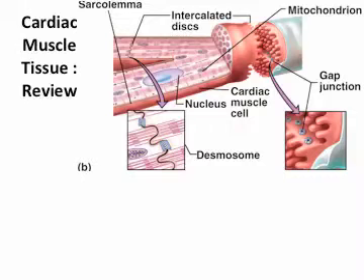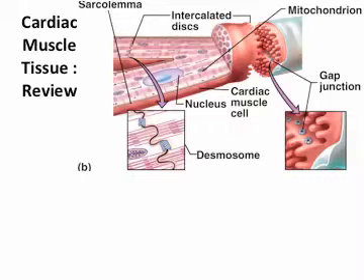And within the intercalated disc, if you look at those purple arrows that show you up close what's in an intercalated disc, there's a structure called a desmosome, and that's just sort of a weld or a patch between two cardiac myocytes, and it's made of protein, so that it can sort of weld the two plasma membranes together. The desmosome is a structure that holds the two cells together, as opposed to the gap junctions.